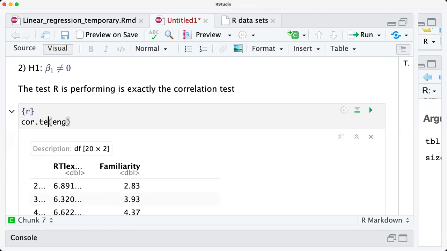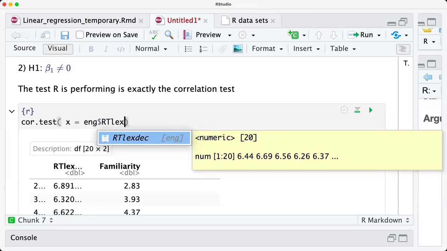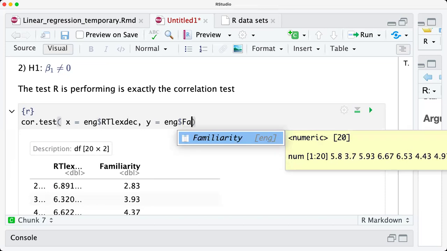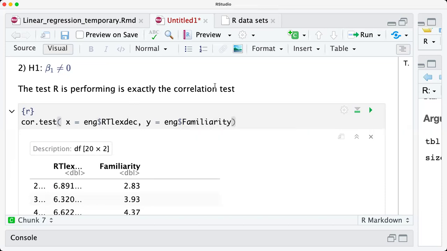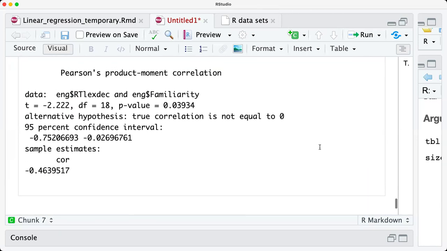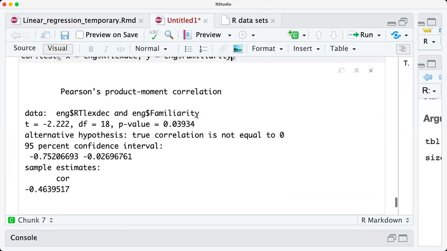Let's do a correlation test to see whether these two variables are correlated: the reaction time and the familiarity. Okay, the p-value is small.